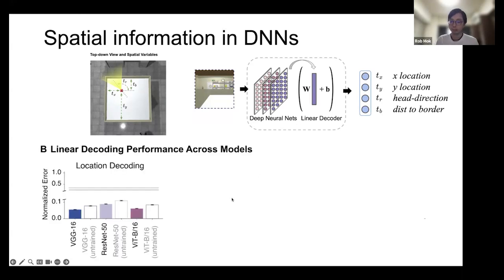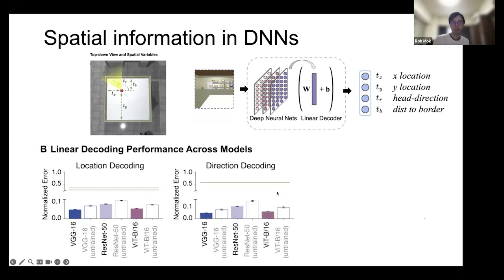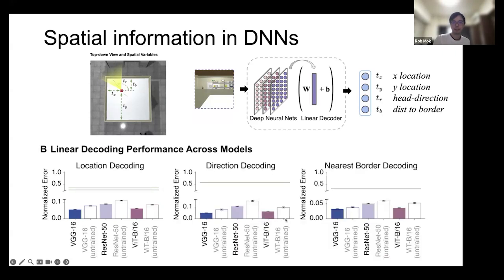Overall, it did really well. You can see that for both trained and untrained models, they did significantly better than chance decoding. This is chance up here to measure the chance. This is direction decoding, and this is nearest border decoding.